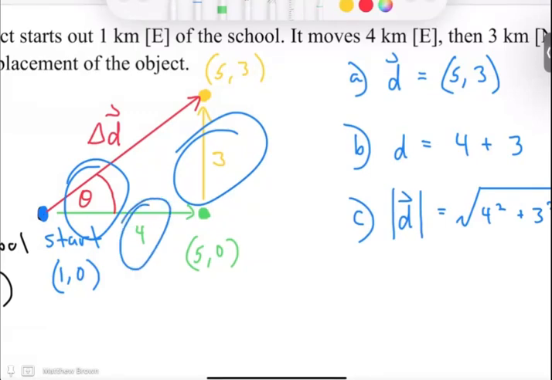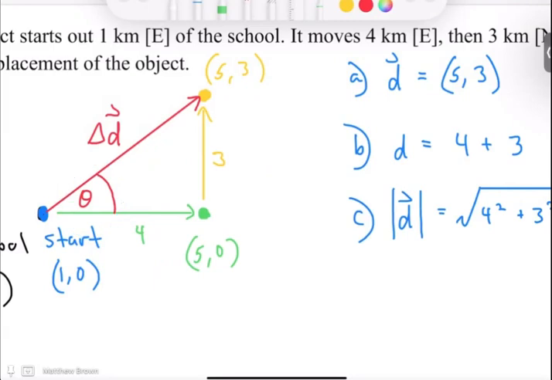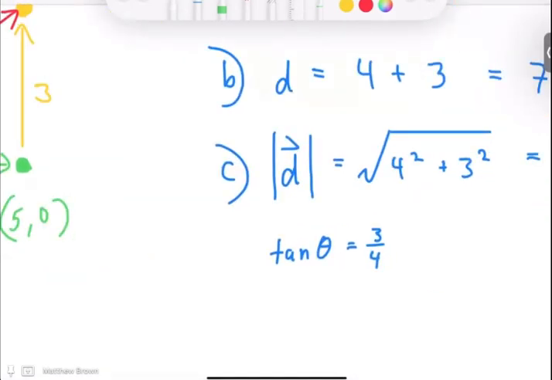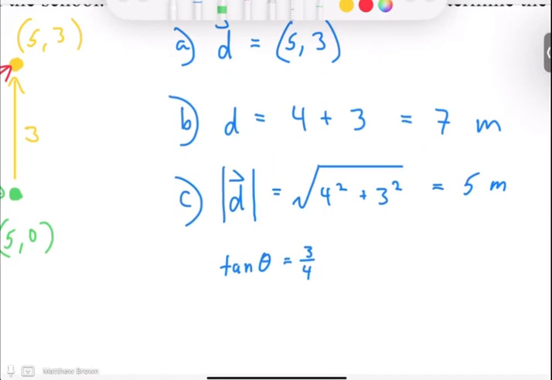So to get the angle, the tangent of theta is the opposite over the adjacent, which is 3 over 4. That means I have to take the inverse tangent to figure out what the angle itself is. So theta is the inverse tangent of 3/4, or 0.75 if you prefer.